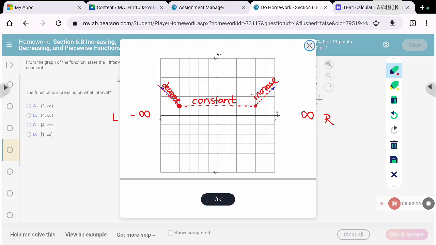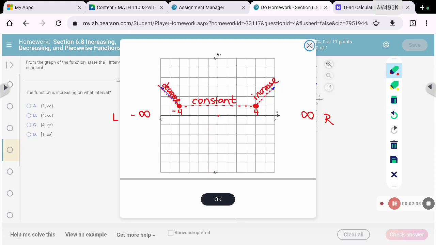So this one's x coordinate would be negative 4. So then I'm constant until I get to this change of direction. And here's my origin. So its x coordinate is positive 4.